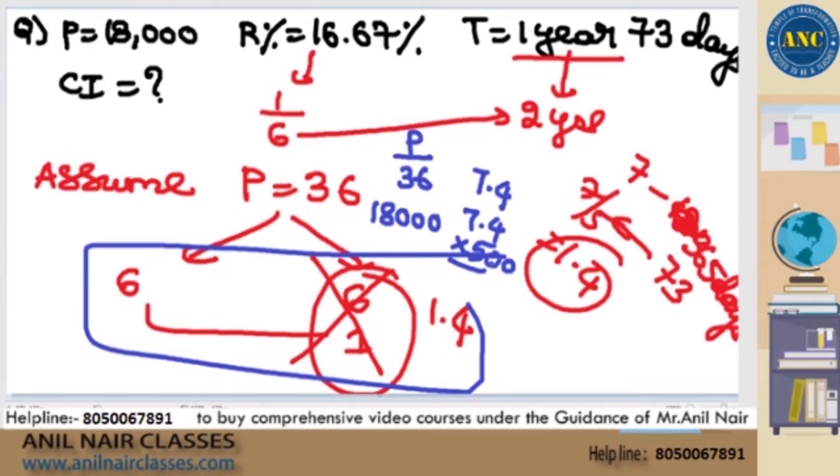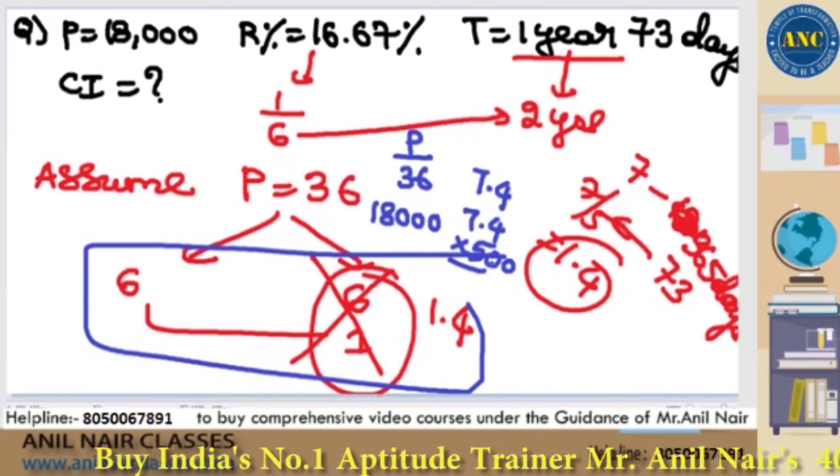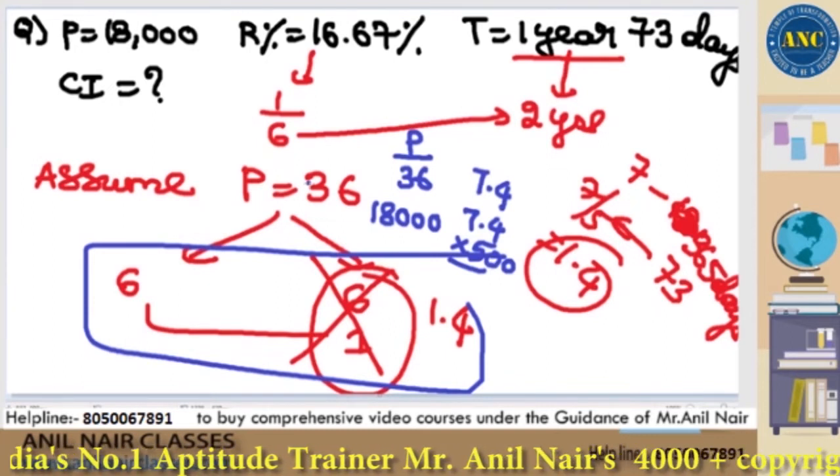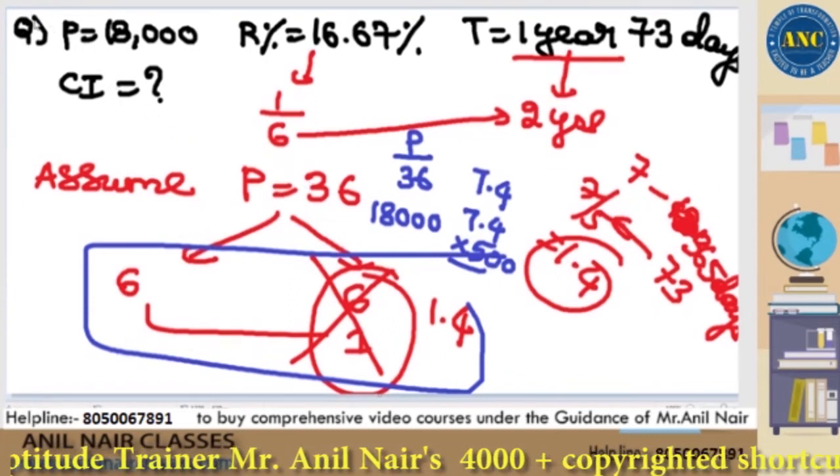But once they understand, they can do it very, very fast. Anil sir, we did it only till 2 years. What happens if it is 3 years? Please write down, sir. I am discussing model by model, beta. That is the reason.